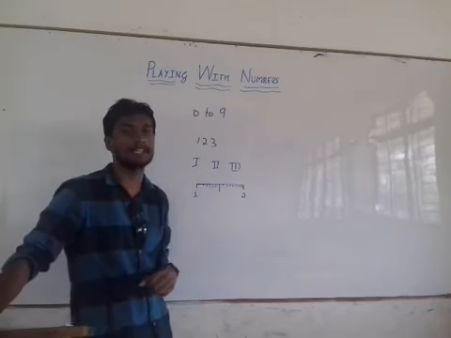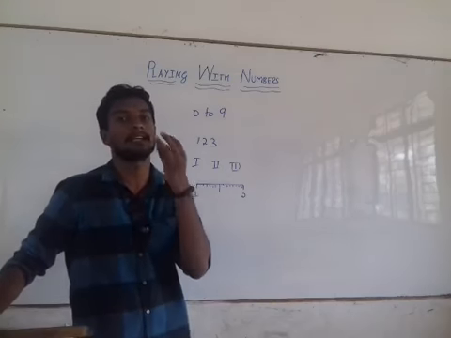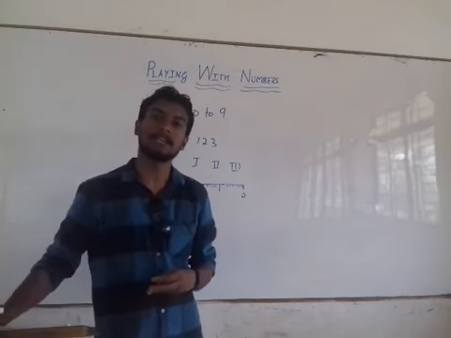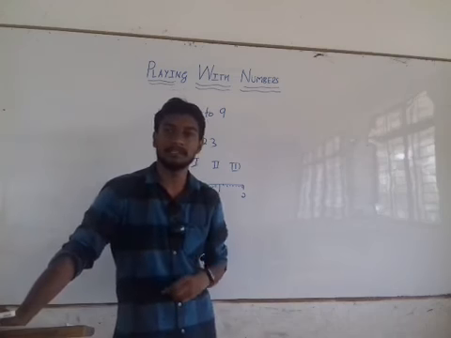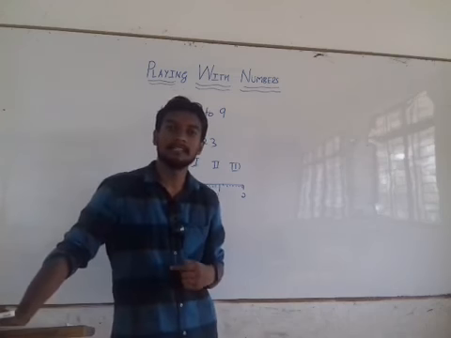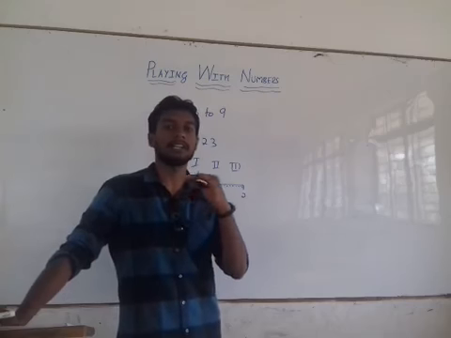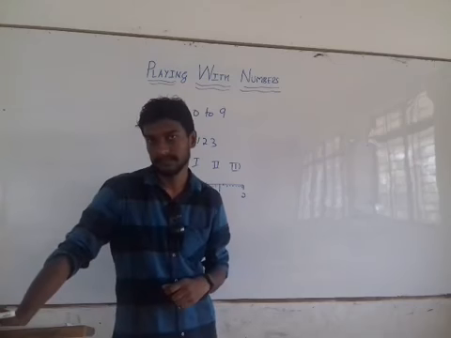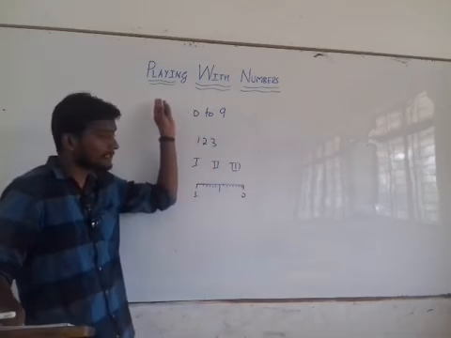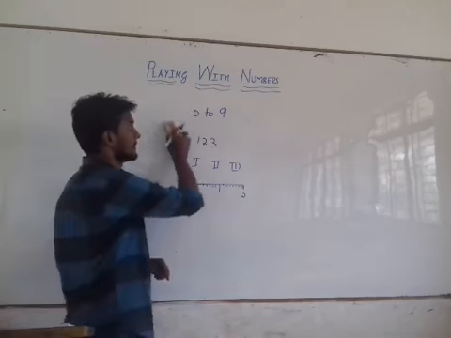Next, you have studied in the previous years about the types of numbers. The types of numbers are natural numbers, whole numbers, integers, rational numbers and irrational numbers. Now we are discussing the chapter Playing with Numbers.